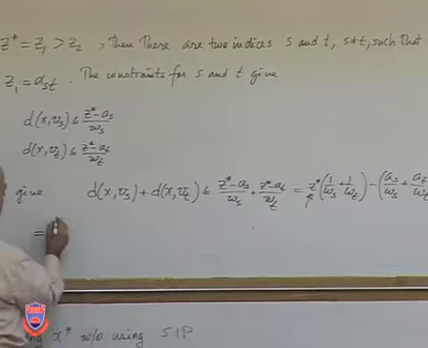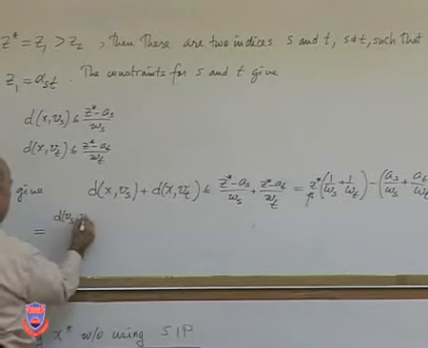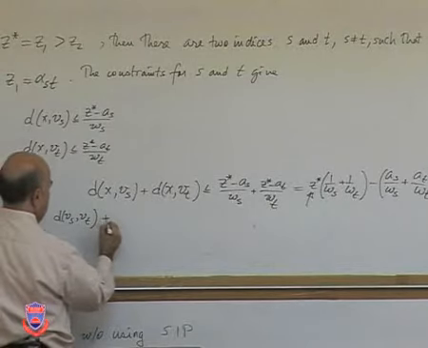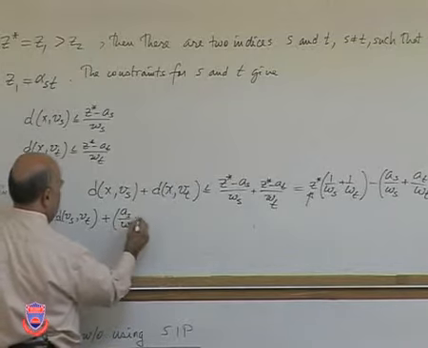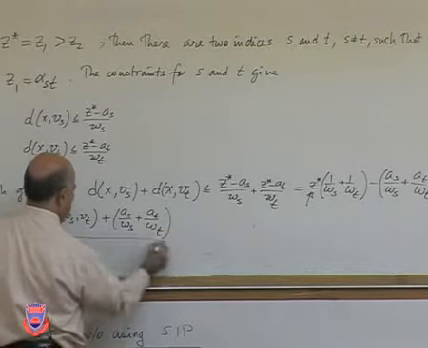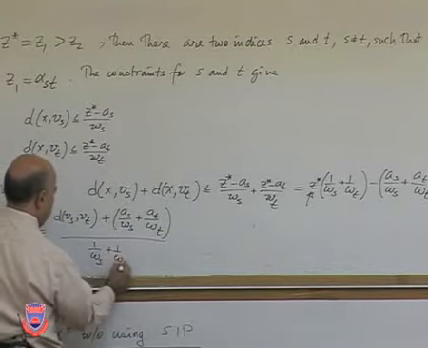And that alpha st is how much? dvs vt plus as over ws, at over wt, divided by 1 over ws, 1 over wt.